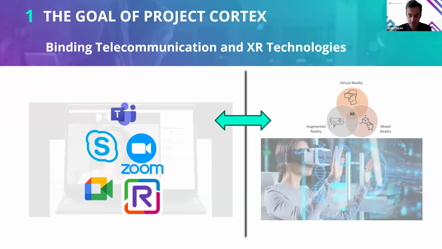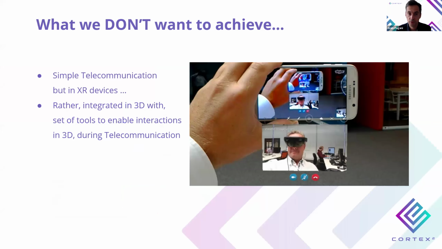What is important for us is that what we don't want to achieve is just replicating video conferencing, but using XR devices. This is exactly the example of what we don't want, that you start a video conference within your HoloLens headset, because this is just changing the device, it is not taking the full potential of the XR technology.